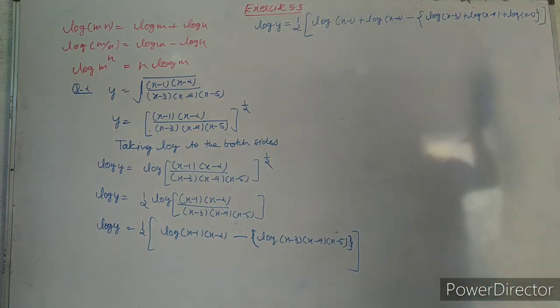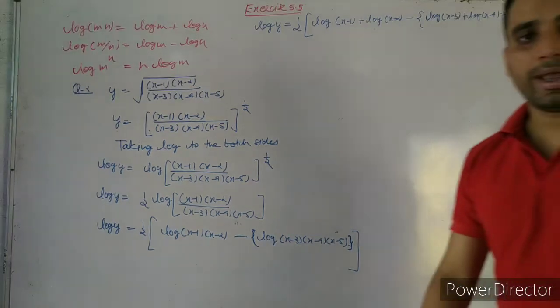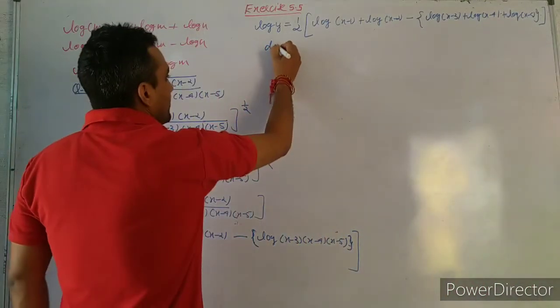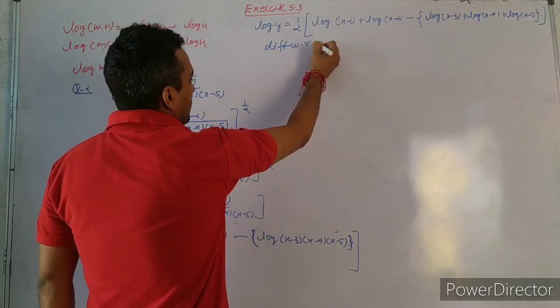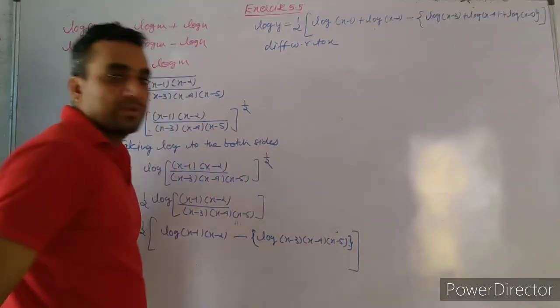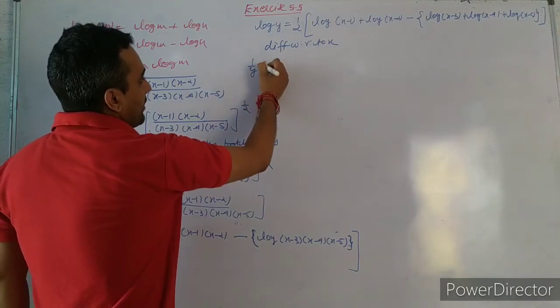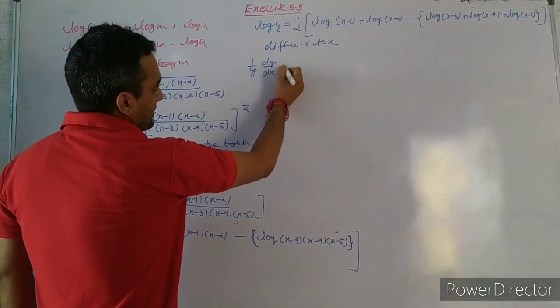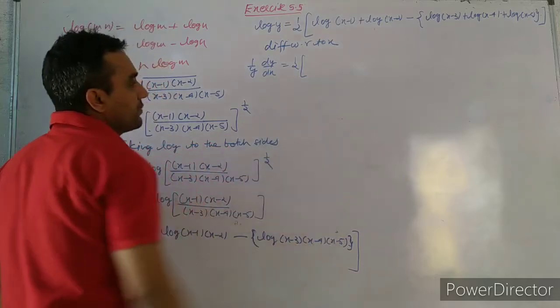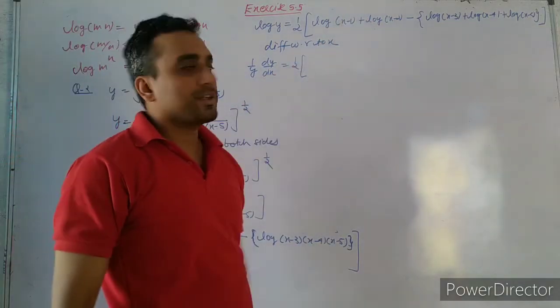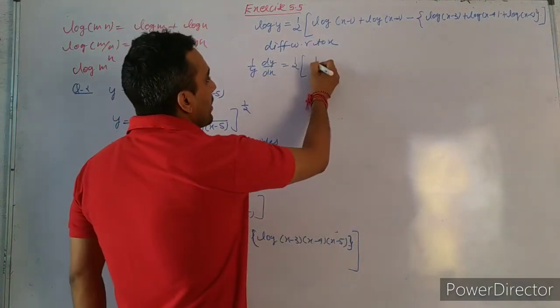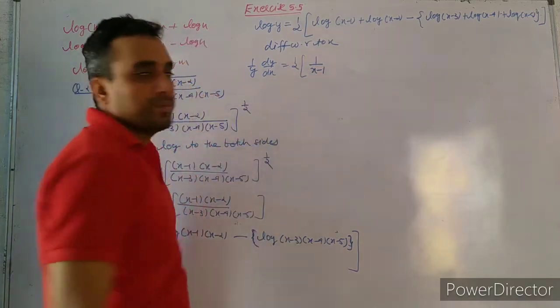Now again differentiating this equation with respect to x. Differentiating with respect to x will give me the differential of log y as 1 upon y dy upon dx. Now 1 by 2, the differential of log (x minus 1) will give me 1 upon x minus 1.